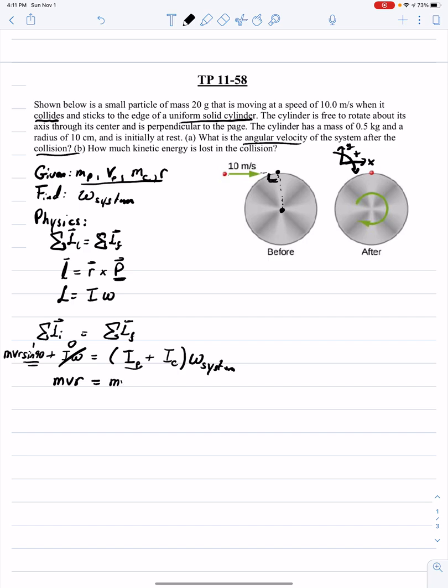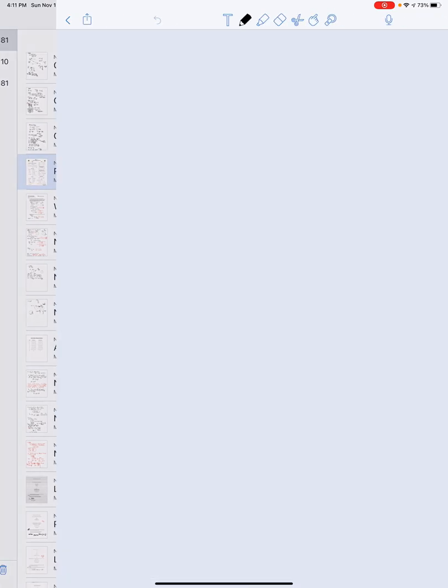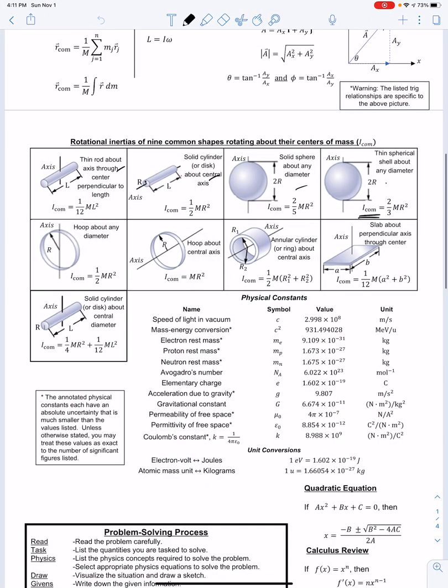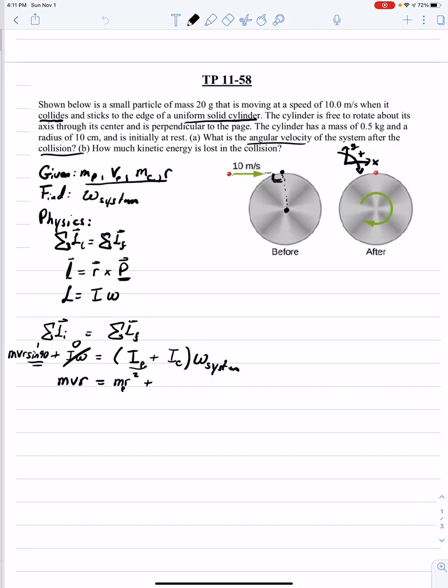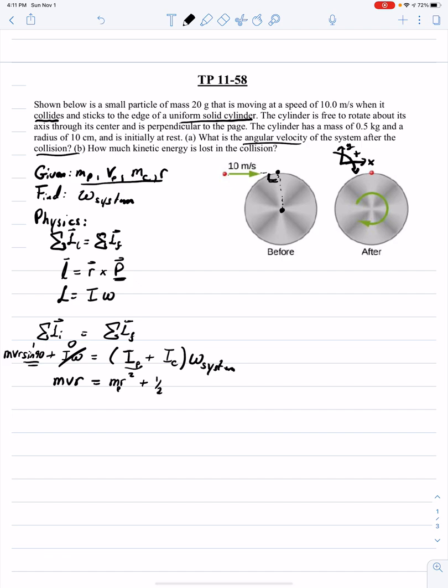The moment of inertia of a point mass is the mass of the particle times radius squared, plus the moment of inertia of a solid cylinder, and I'll just check back in my PRC to double check. PRC, solid cylinder about the central axis is 1/2 mr squared, plus 1/2 mass of the cylinder r squared, because they both have the same radius.